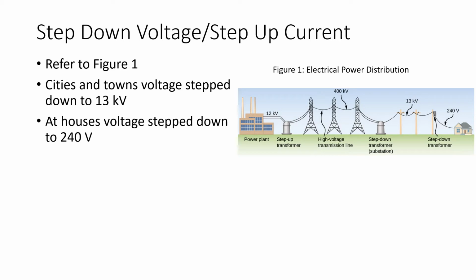Now, of course, when I step down the voltage, I can step up the current. So from the substation through the towns and neighborhoods, we have a lower voltage level, but we have higher current through the power lines.